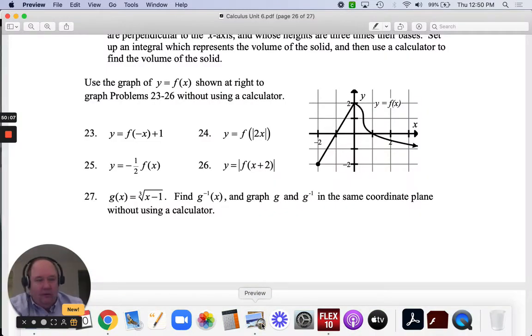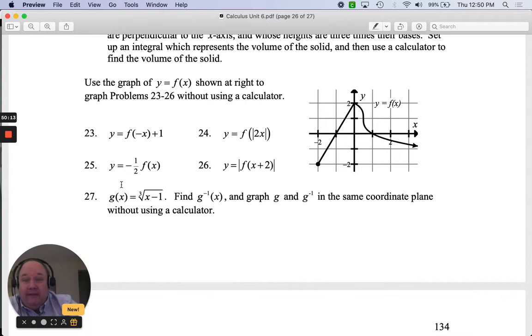25. We have y equals negative 1/2 f of x. All that does is affect only the y-coordinate, and it's a reflection down or a reflection up. It's across the x-axis, and all the y values are split in half. So I'm going to take this y value here, which is at -2, -2.